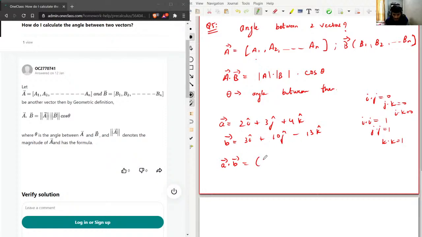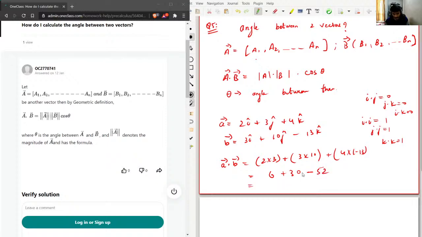So dot product will be 2 into 3 plus 3 into 10 plus 4 into negative of 13. This will become 6 plus 30 minus 4 into 13, it should be 52.